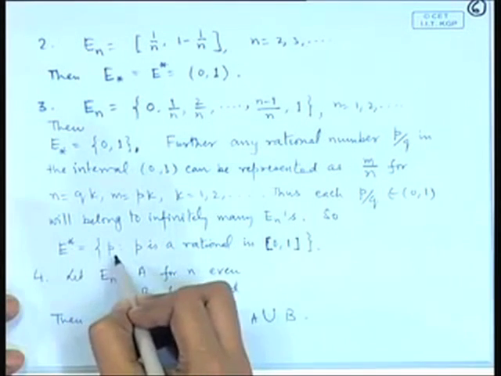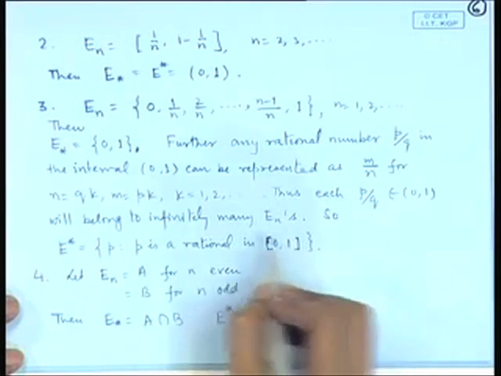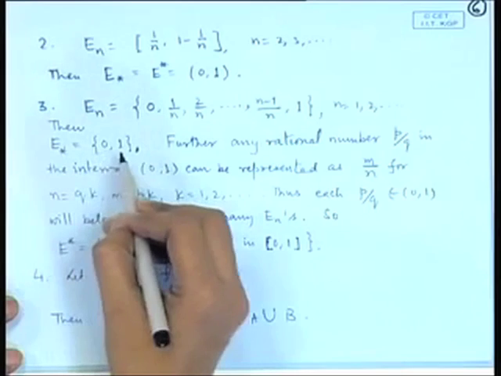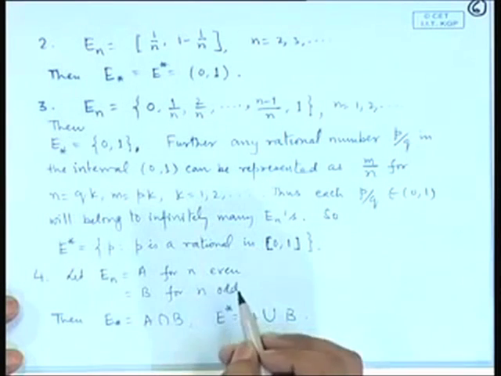Therefore, E upper star will be the set of all rationals in the interval 0 to 1, whereas the limit inferior is equal to the set consisting of the points 0 and 1.